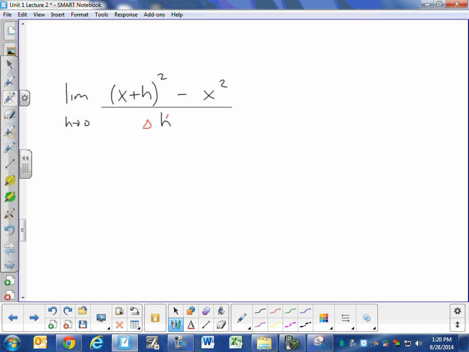If this is delta x instead of h, it's okay. It's just another variable that you will eventually plug in 0 for. But for right now, let's just use h's. And check your answers with the neighbor.